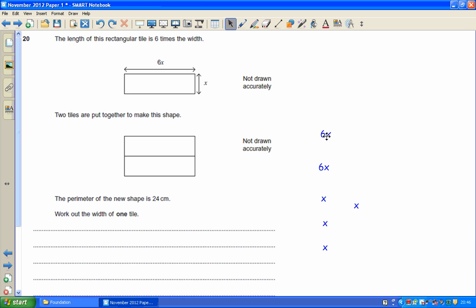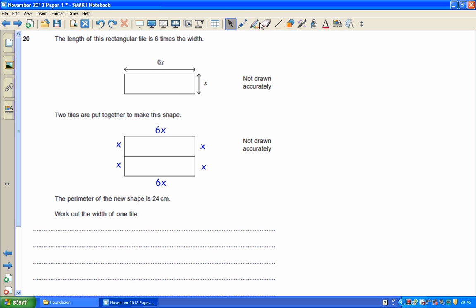We know that that length is 6x on the top, and I know that that's 6x there, and then I know this side length here is x because it's the same as up there, which means that that length there is x, and that length there is x, and that length there is x.